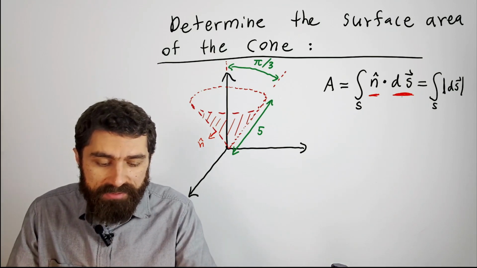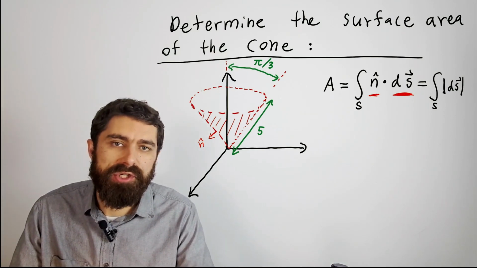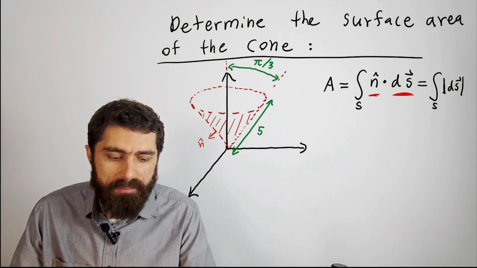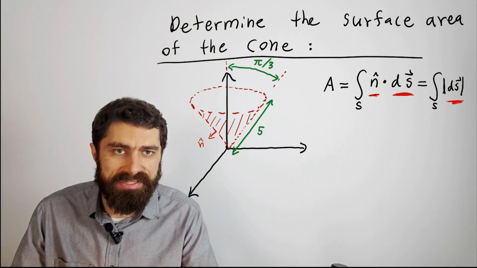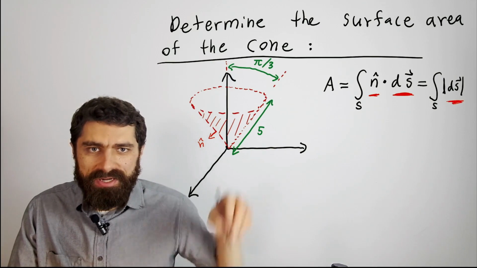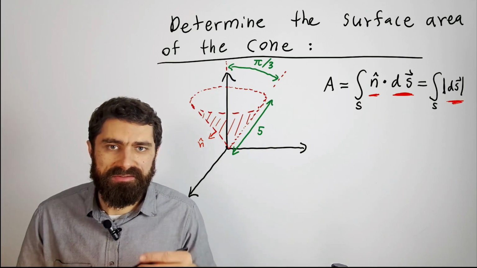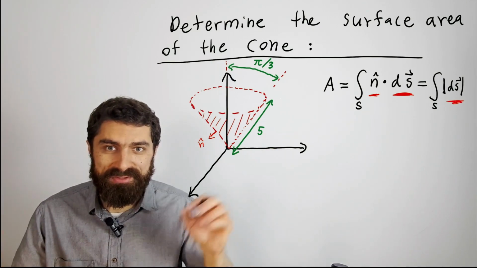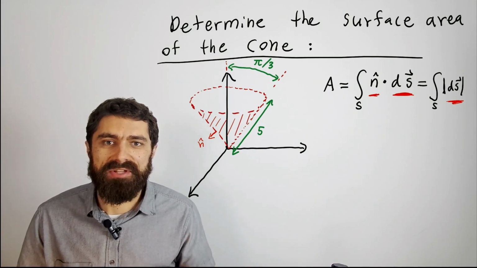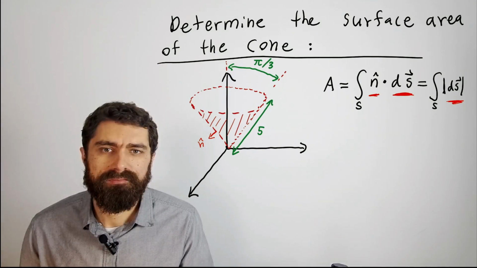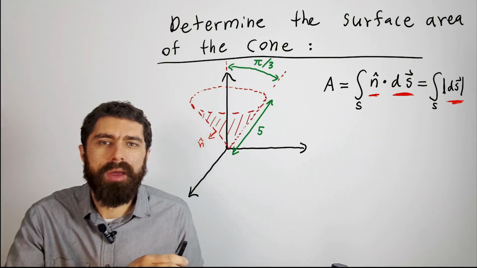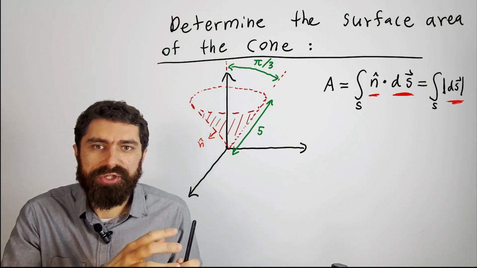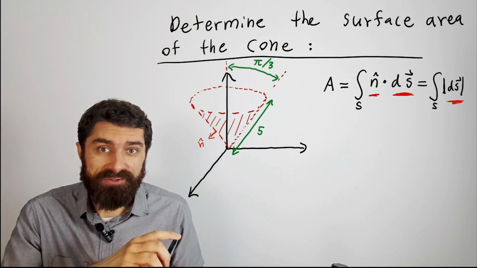If we dot the unit vector with ds, that gives you the magnitude of the ds vector. So if you integrate that and add up all the magnitudes of the little ds vectors, that gives you the total area. So let's think about how we come up with an expression for the ds vector.